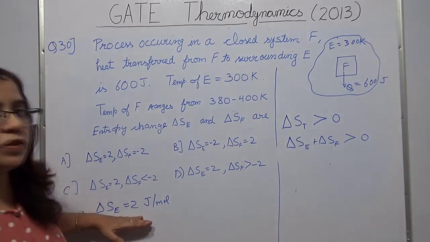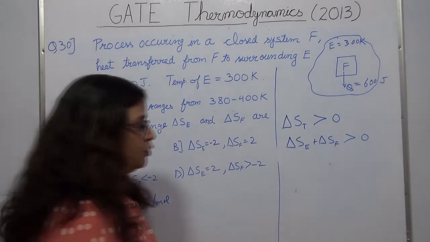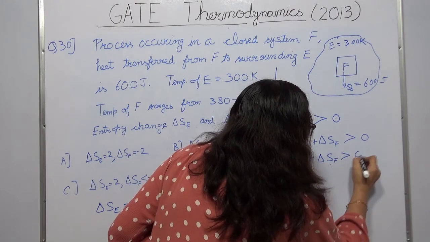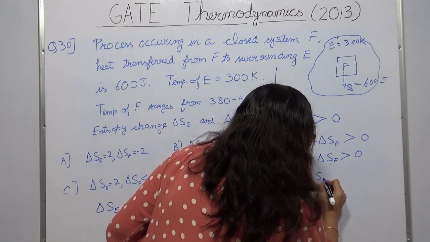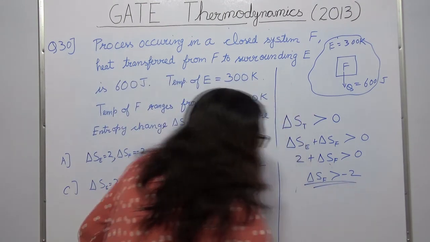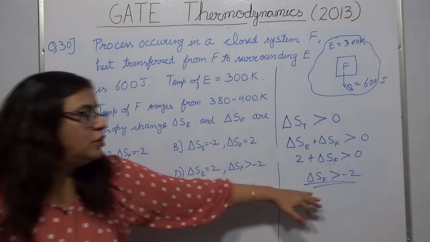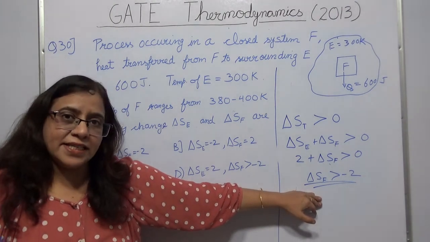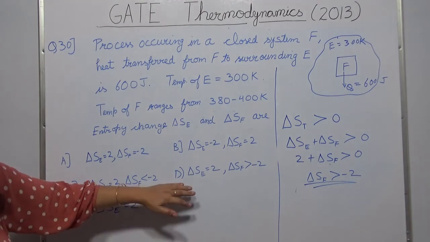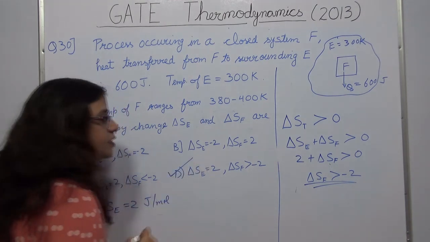We have already calculated delta SE, that is equal to 2. So 2 plus delta SF should be greater than 0, or delta SF should be greater than minus 2. So we have got the values for both delta SE and delta SF. Now see which one is correct. Out of all these 4, D is correct. Okay, so this is the right answer.